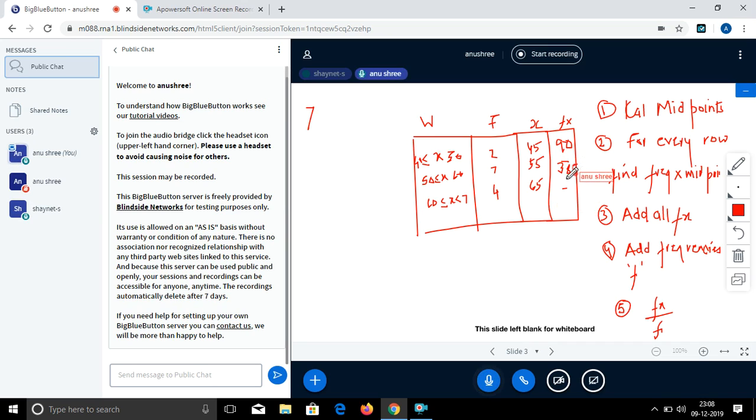Then for next, 65 multiplied by 4 is 260.